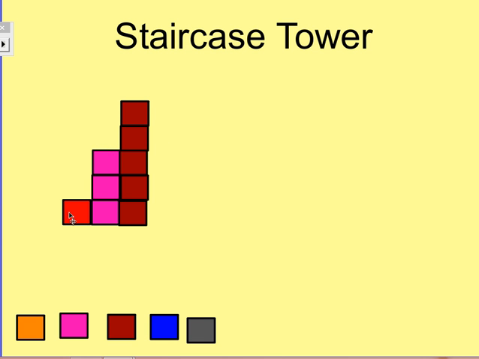Now I have 1 plus 3 plus 5, or 4 plus 5 is 9. Are you starting to see a pattern? Maybe you want to graph some of this to see the pattern.